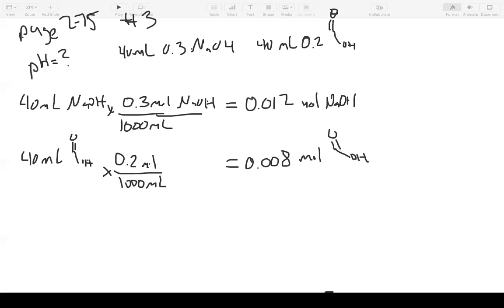So now we would just do some acid-base chemistry. So we have NaOH, and let me write these things down and clear the screen, give myself a little bit more room. It was 0.012, 0.008.